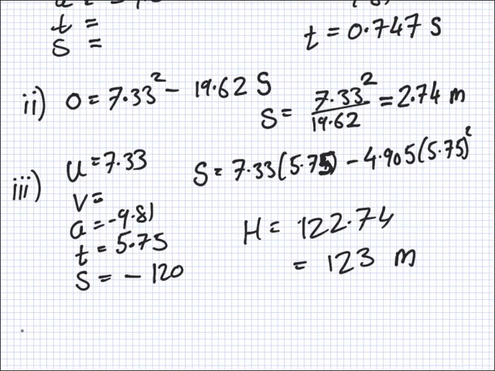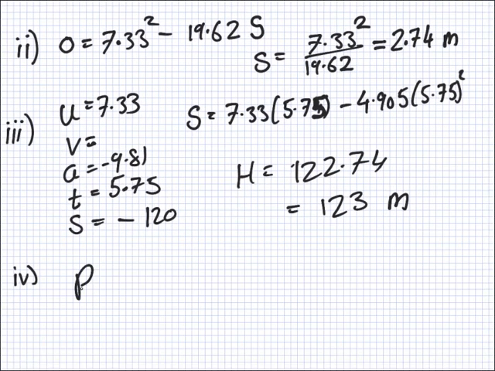Part 4. Part 4 is what you said, Siba, the horizontal distance. So that's called the range. And horizontally there's no acceleration. So it's just the normal distance speed time triangle. So to get the distance, I need the speed. What's the speed horizontally? 11.4. And the time? 5.75.